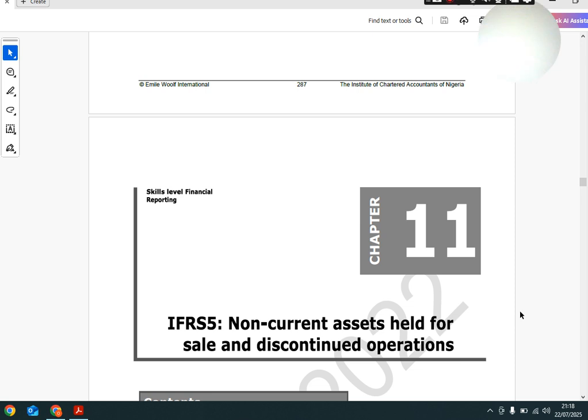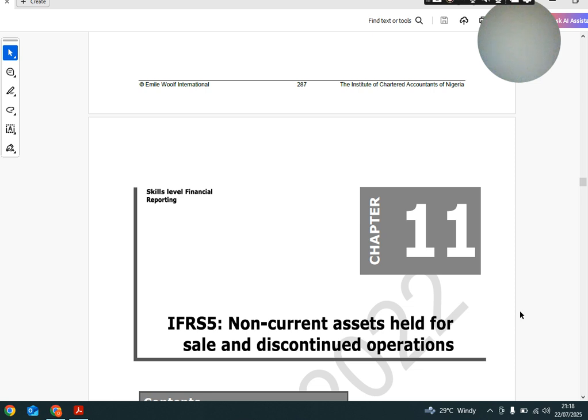This standard does not cover deferred tax asset, right? IAS 33. Sorry, IAS 12, income tax, covers that. IAS 33 is EPS, earnings per share. So IAS 12, which is income tax, covers deferred tax asset, right?